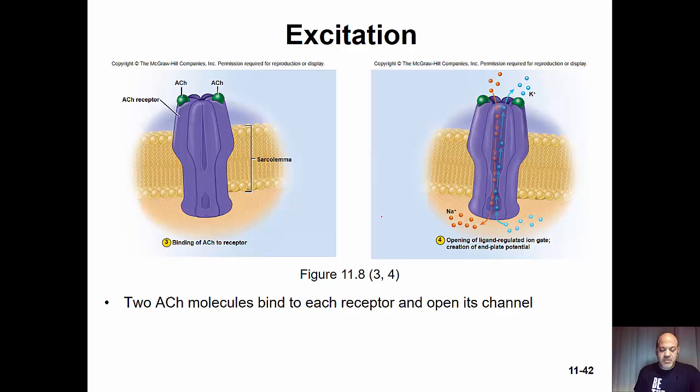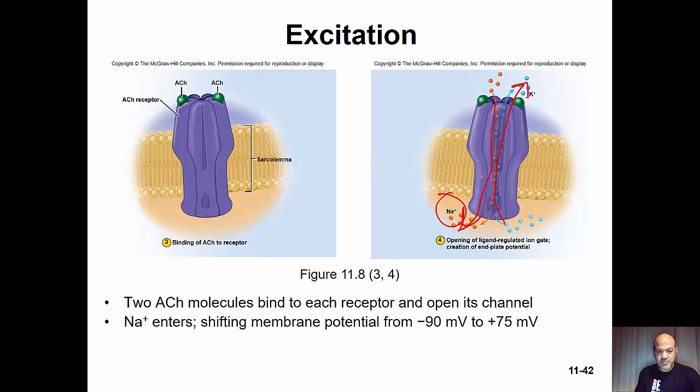So here we have, again, we're still in excitation. So here we have the acetylcholine molecules binding, or ligands binding to the receptor. When they do that, that's going to open the gate here and allow the sodium to rush in. So the sodium rushes in, and that changes the membrane potential there, and then it's going to allow the potassium to rush out, repolarizing the membrane. So we have the depolarization and repolarization of the membrane.